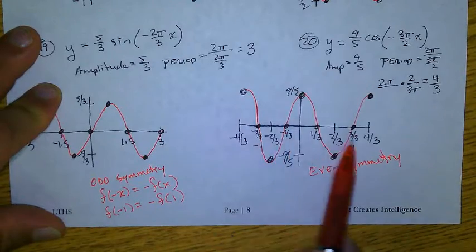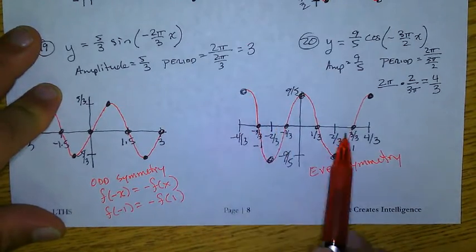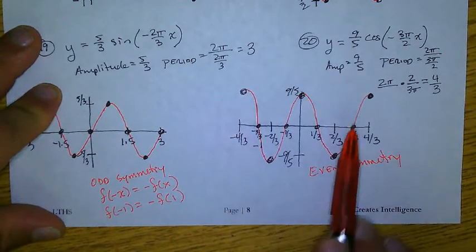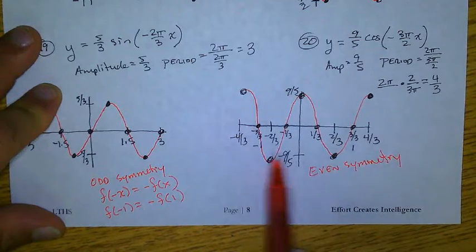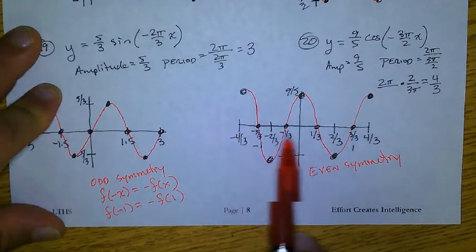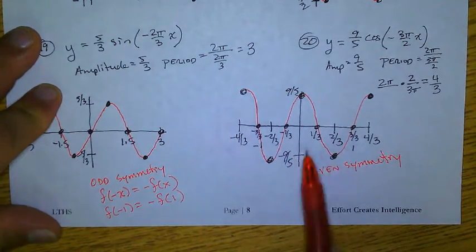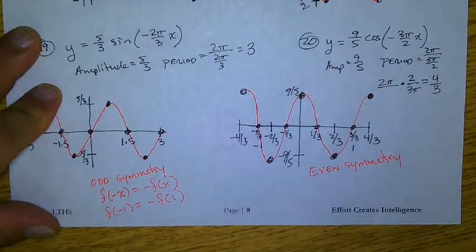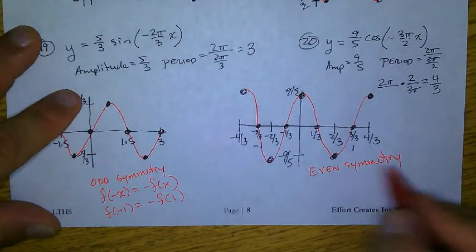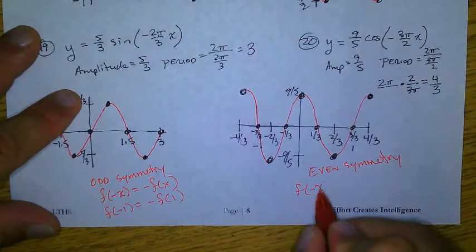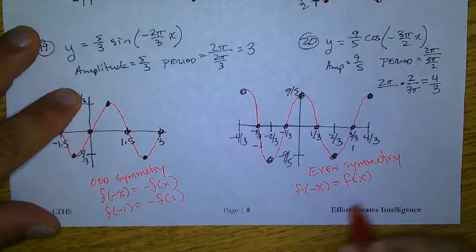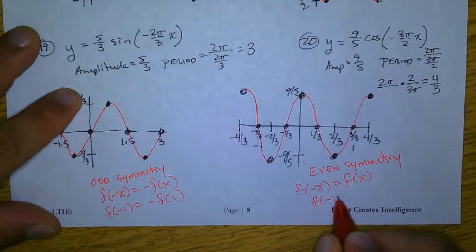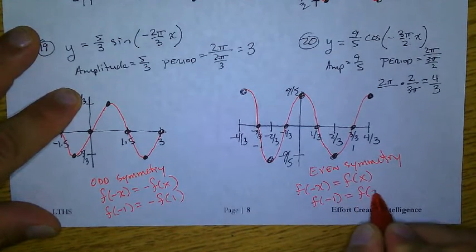You can see the reindeer over here, and over here: your antlers, your eyes, and your nose. This one might just be Donner and Blitzen. No Rudolph here, no red nose. But even symmetry, f of negative x equals f of x. That means f of negative 1 would be the exact same thing as f of positive 1.